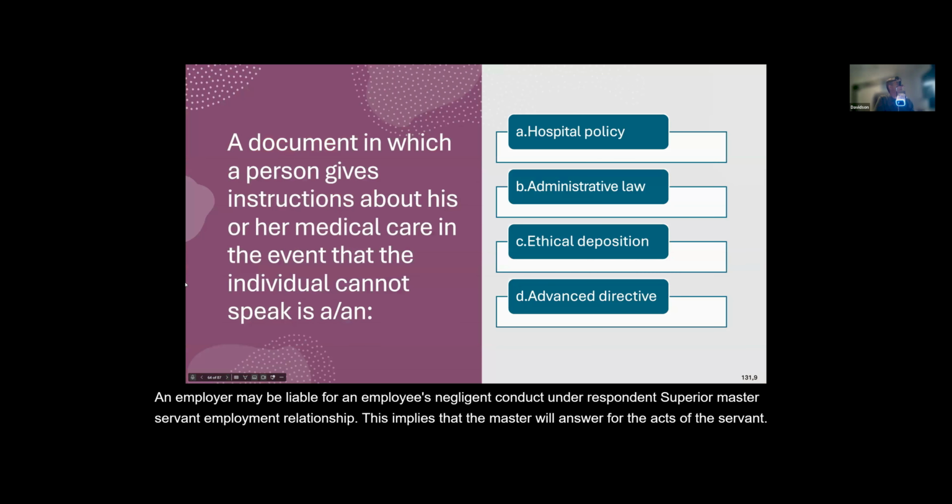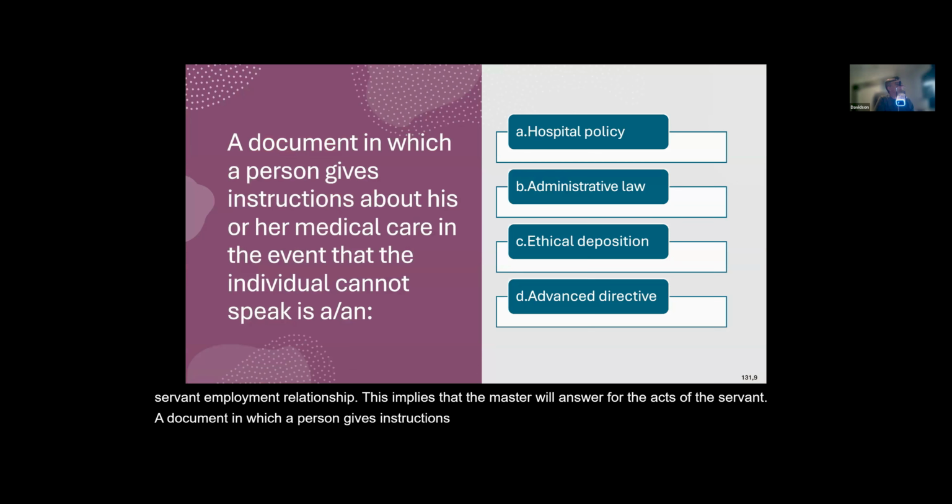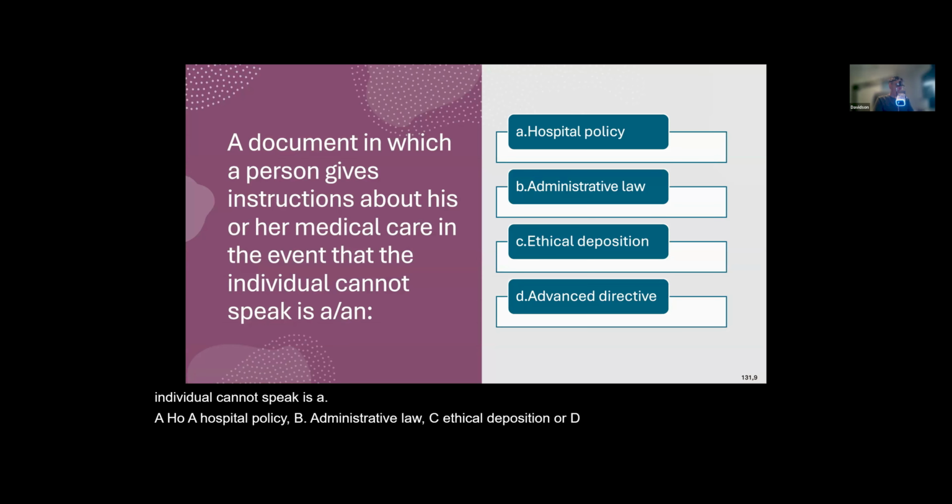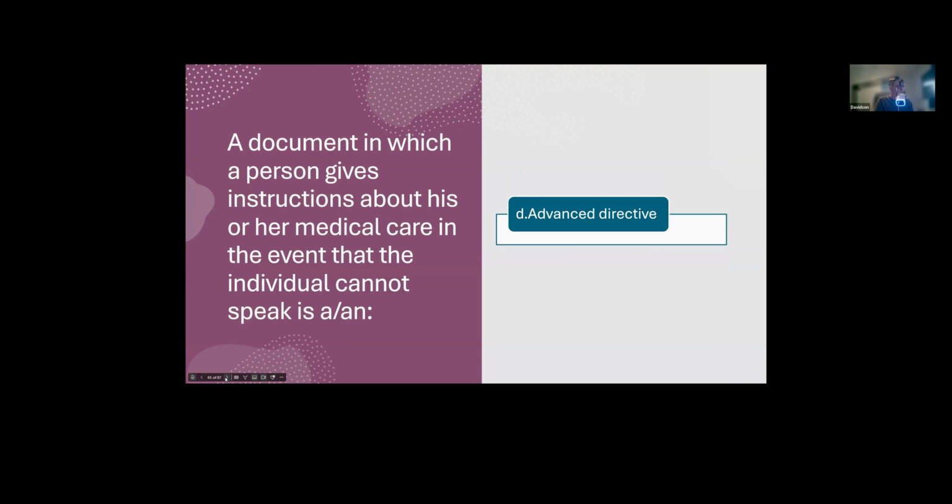A document in which a person gives instructions about his or her medical care in the event that the individual cannot speak is A, hospital policy, B, administrative law, C, ethical deposition, or D, advance directive. D, advance directive.